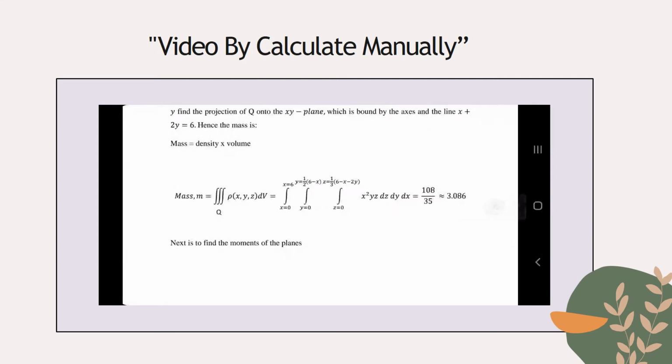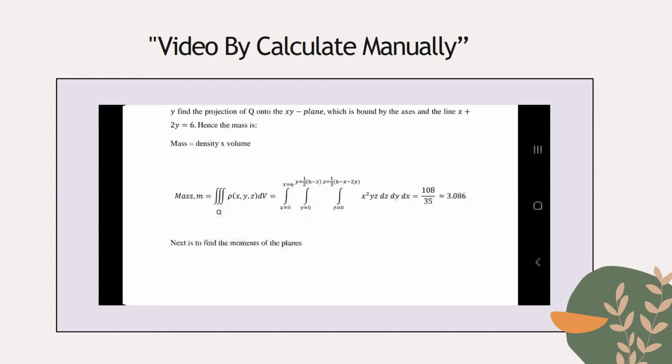So mass m equals the triple integral over Q of rho(x,y,z) dV. There are three integrals, each representing dx, dy and dz. The first integral has upper limit x = 6 and lower limit x = 0.